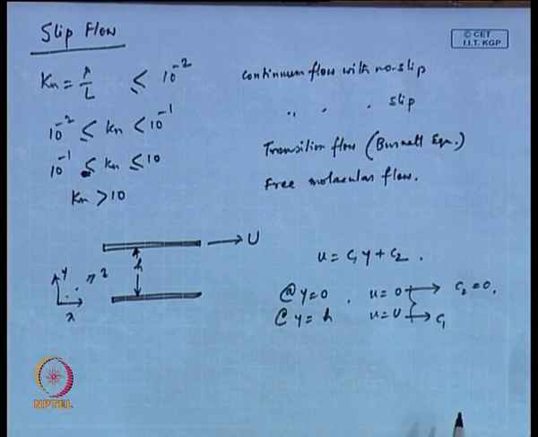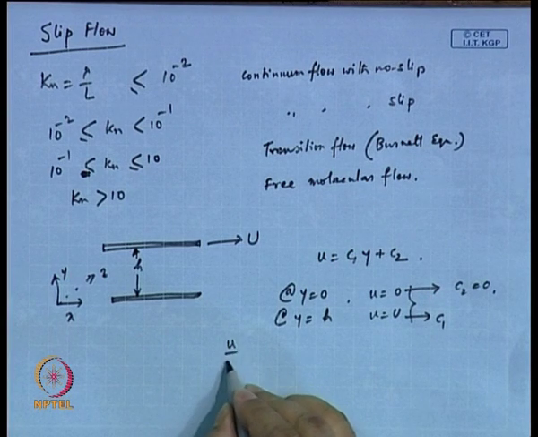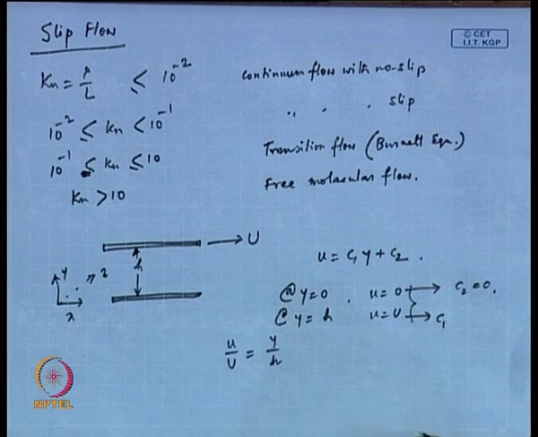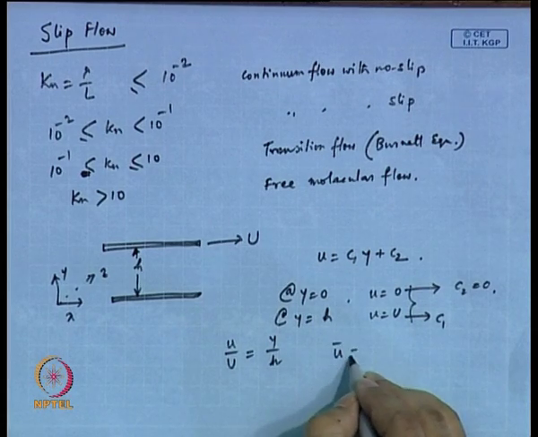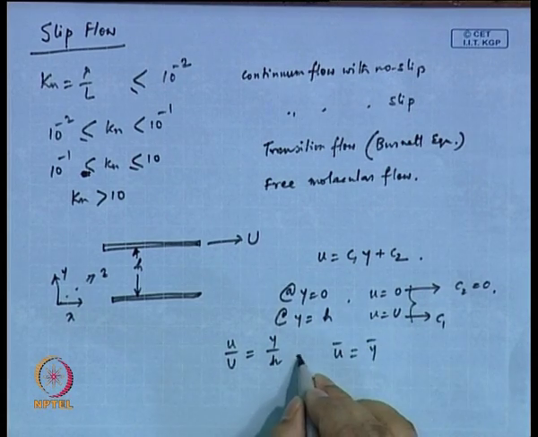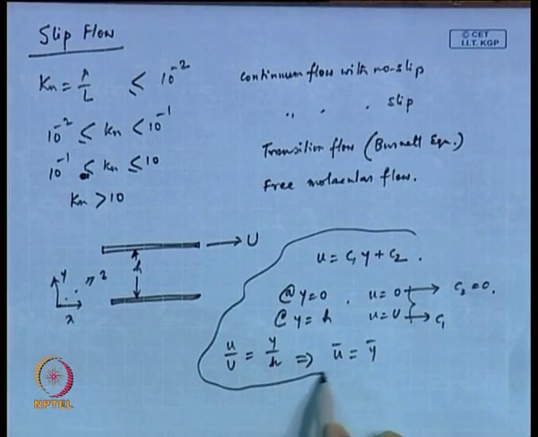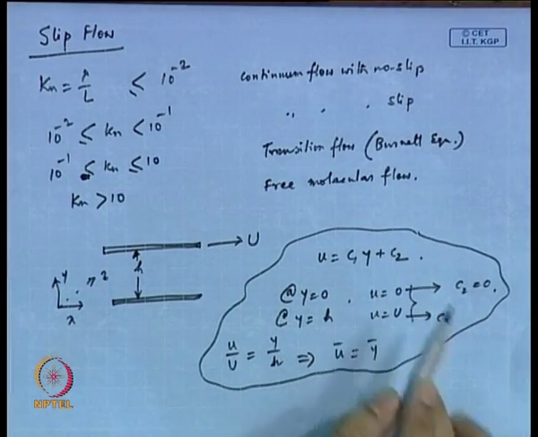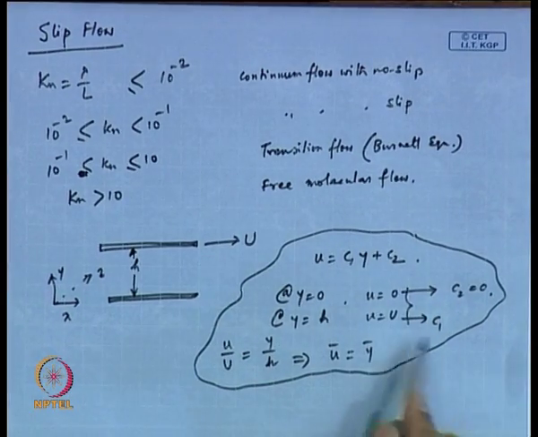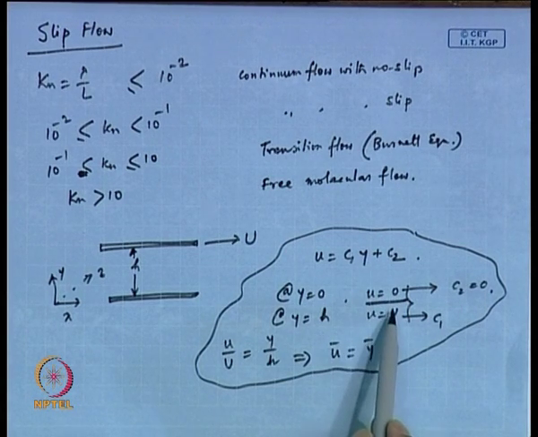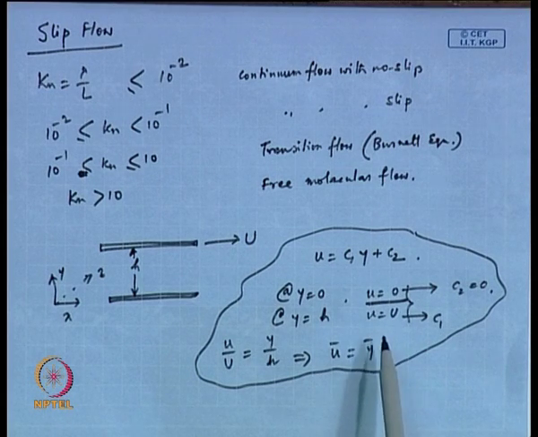That is how we ended up with the formula u by capital U is equal to y divided by h. In dimensionless form you can write u bar is equal to y bar. So, this is the formulation using the Navier-Stokes equation with no slip boundary condition. No slip means that at the wall, the fluid attains the velocity of the wall. That is the idea.